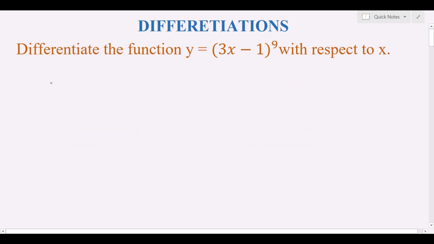We can solve this using the formula I gave before. We say y is equal to (3x minus 1) all raised to the power 9.